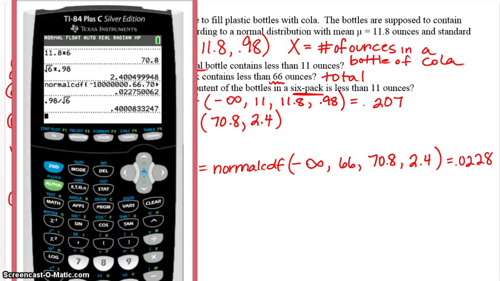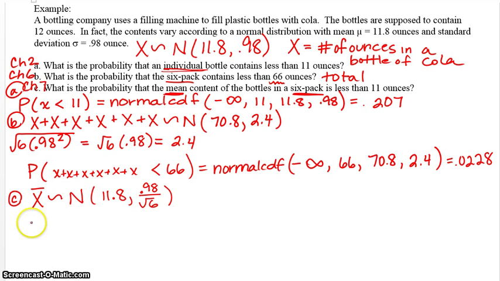And if we type that into our calculator, you can see we get 0.4. So we're going to have X bar, our sampling distribution, our averages, is normally distributed with a mean of 11.8 and a standard deviation of 0.4. So now we're looking for the probability that an average, so an X bar, an average of 6 bottles, is less than 11 ounces.